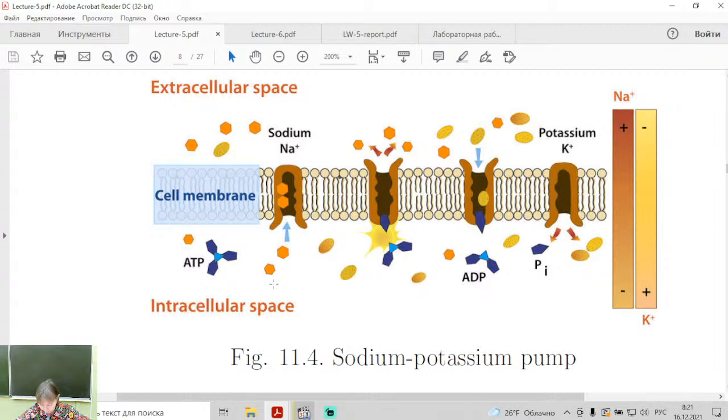And biopotentials. In a state of rest, the cell's inner medium is charged negatively relative to its environment. The difference of potentials between the inner and the outer sides of a membrane is known as the membrane potential. If a cell is in a state of rest, the membrane potential is known as the resting potential.